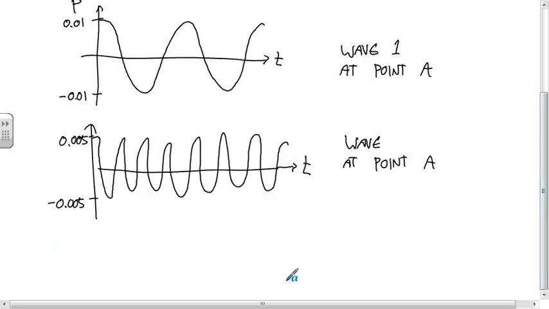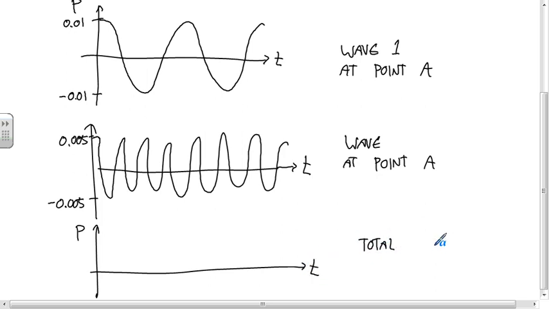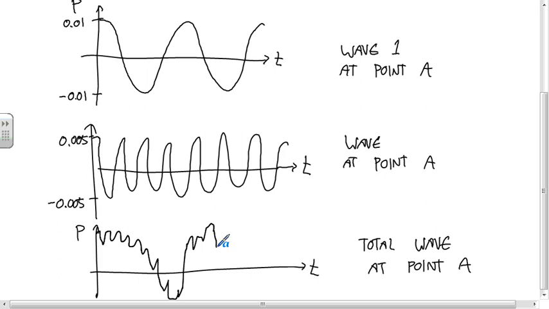Then the sound that you hear is the total wave at point A, which looks like it has a squiggly part over it.